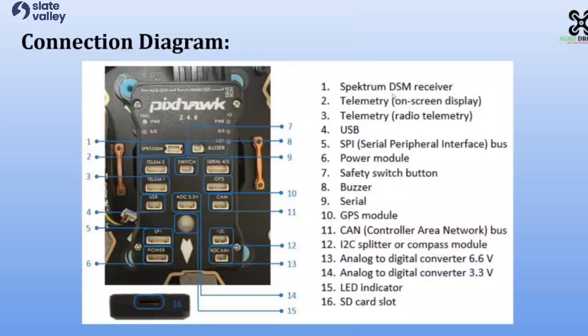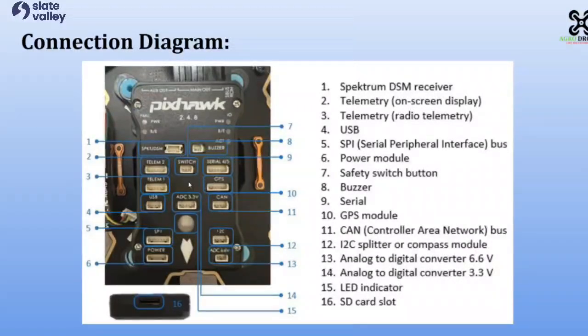And the second port is telemetry. There are two telemetries, telemetry 1 and telemetry 2. For getting the data from the drone, you can use the telemetry. And if you are connecting any companion computer like Raspberry Pi or Jetson Nano, you can use this telemetry port. And the switch is for safety. When the switch is on, the safety is on. When the switch is off, safety is off.